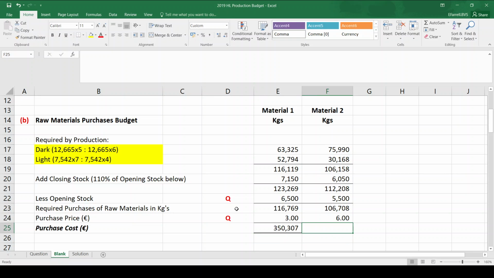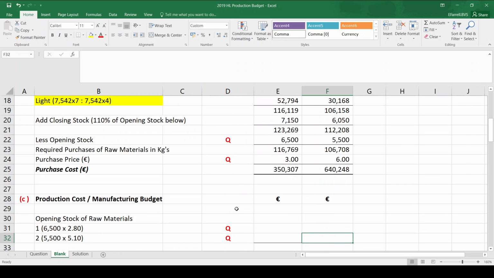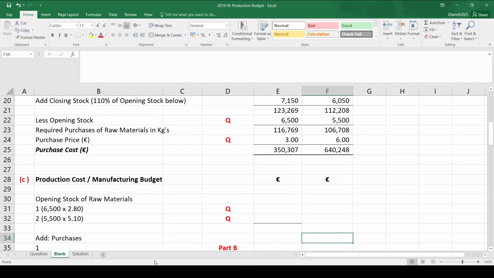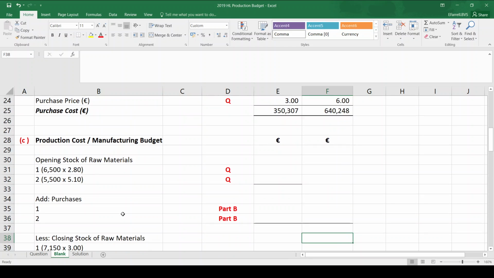Similarly, for material 2, I need 106,708 kgs at €6 a kg comes to 640,248.